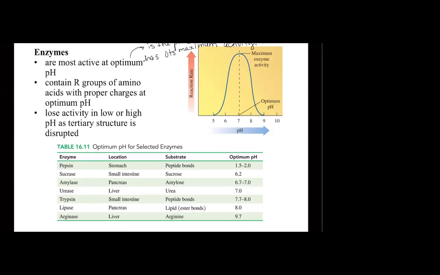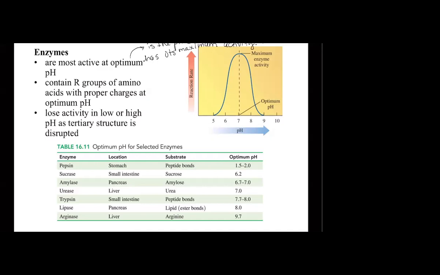Now, if we look at, for example, arginase, which is an enzyme that lives in the liver, its substrate is arginine because it is in the biochemical pathways of the utilization of arginine. Look at its optimum pH, 9.7. So again, when it comes to optimum pH, we cannot say all enzymes need to be at 7.4, which is the pH of the blood, because that will be incorrect.